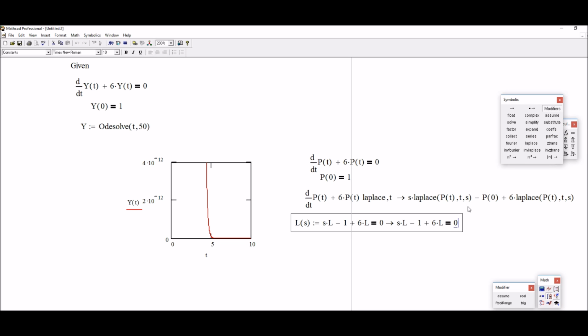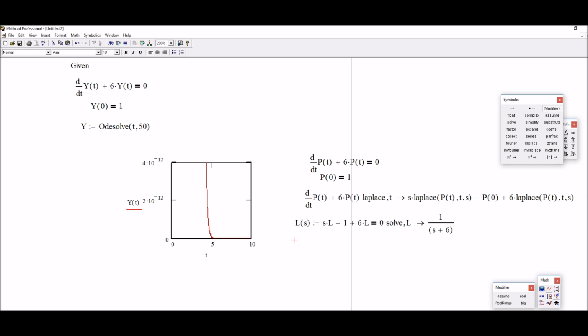So basically that's solve for L. So that's the solution. This is the solution for L, the Laplace transformation.